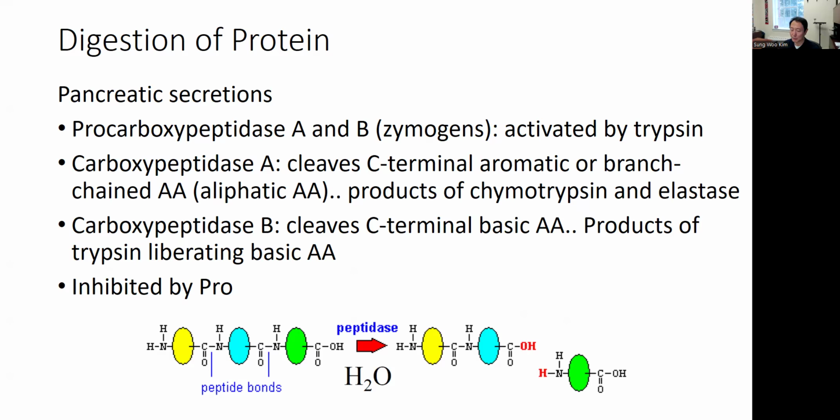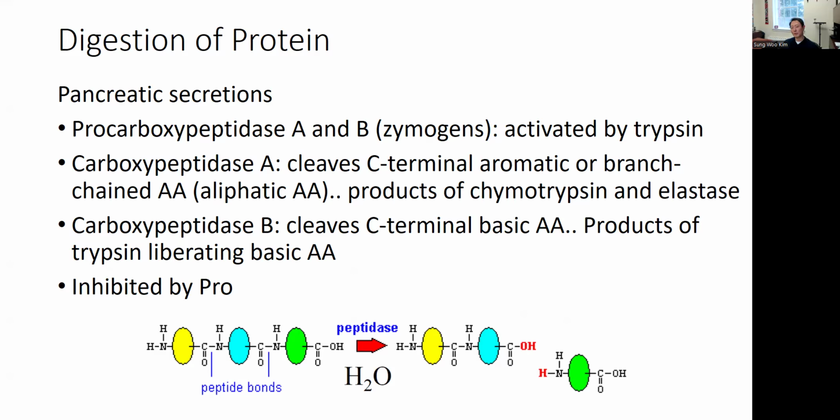And this carboxypeptidase B will come and remove those lysine, arginine, and histidine from these small peptides. Okay? So those are the functions of carboxypeptidase type A, type B, working together with chymotrypsin, elastase, in the case of carboxypeptidase A, or working with trypsin in the case of carboxypeptidase B.